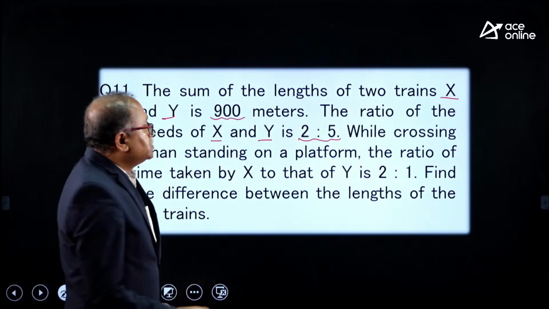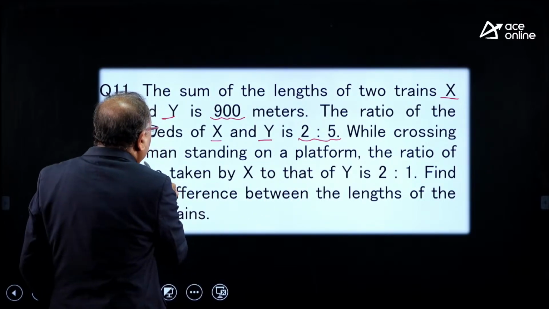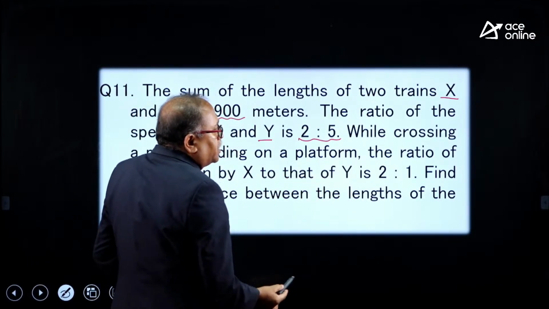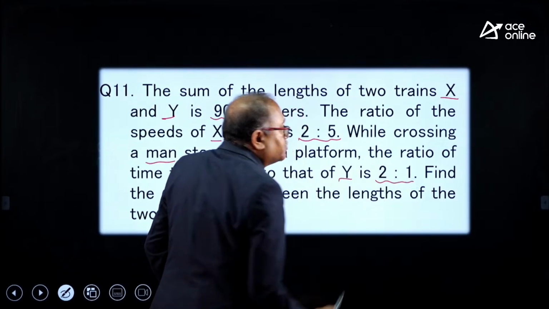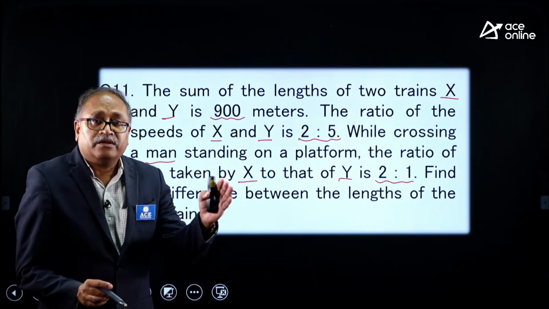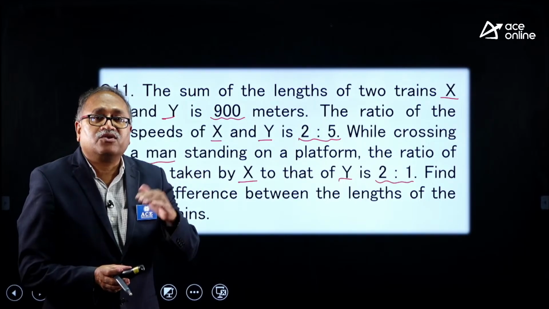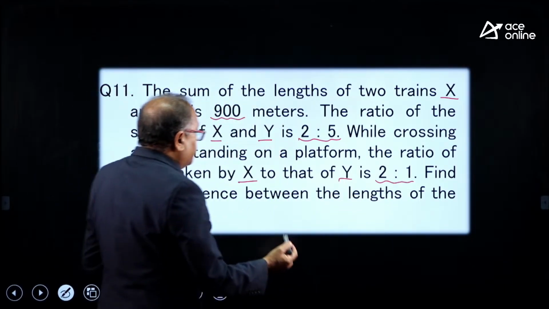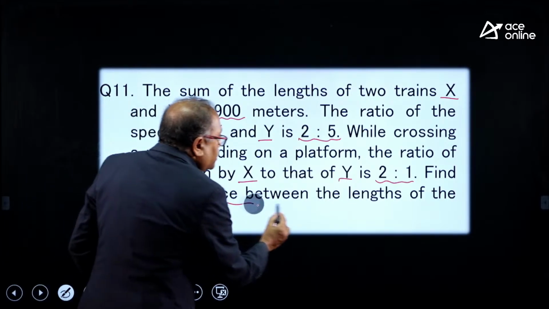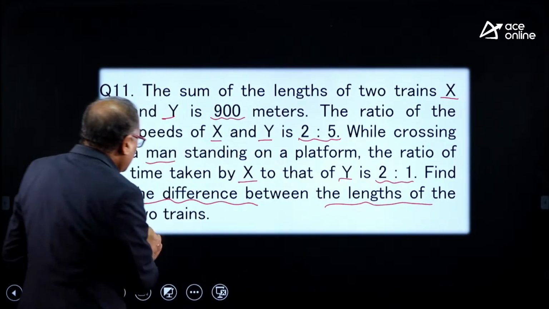While crossing a man standing on a platform, the ratio of the time taken by x and y is 2:1. So, crossing a man means in both cases they are crossing their own length, and the time taken is 2:1. Now, find the difference between the lengths of the two trains.